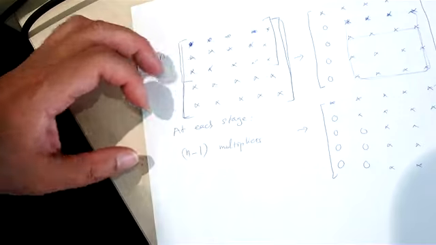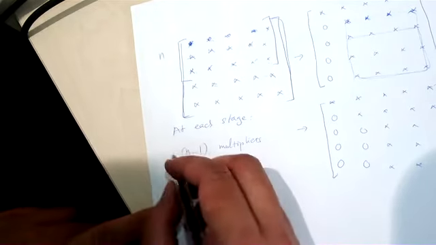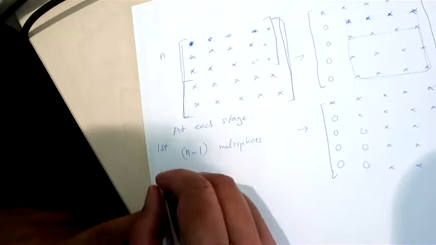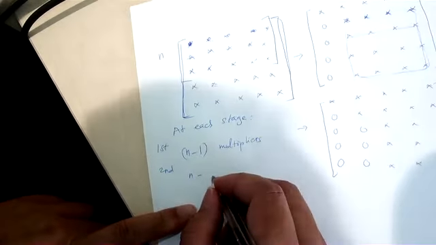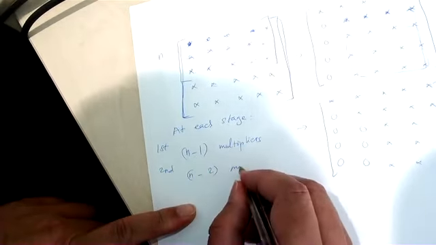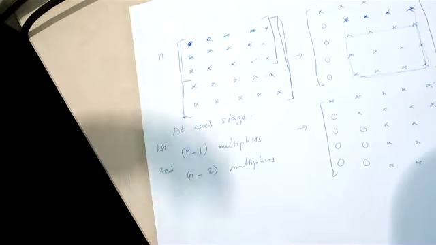You need n minus 1 multipliers. And then at the second stage, this one is the first stage, and at the second stage you have n minus 2 multipliers, and so on. It keeps reducing every stage.